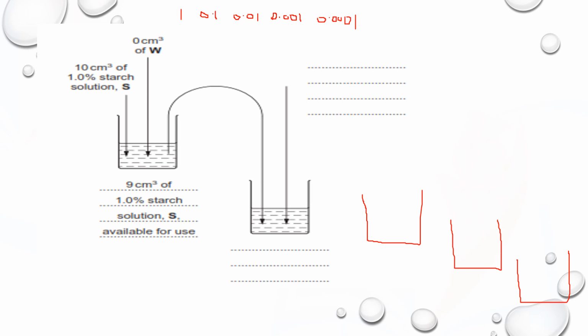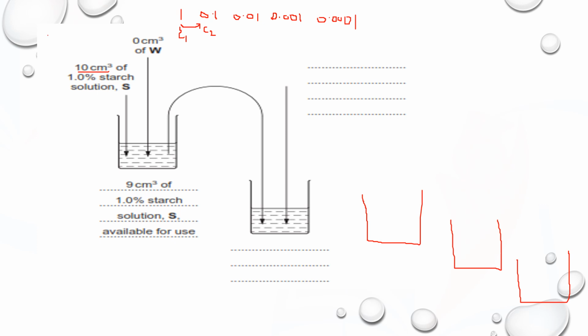So if I'm diluting, I'm moving from 1 to 0.1. So this is my C2. All you need to do is calculate your V1. C1 is the same, and this is serial dilution. Now, this is my V2, 10.